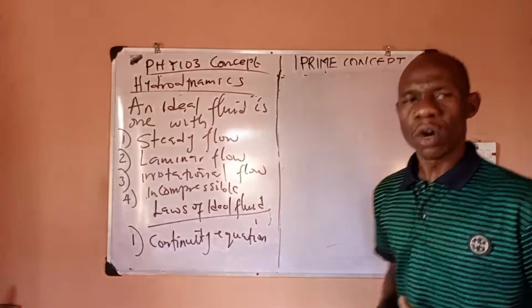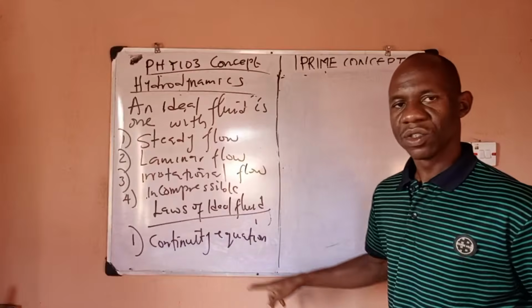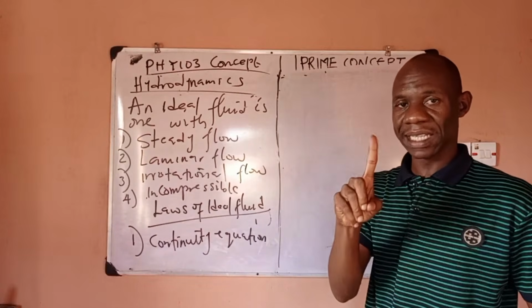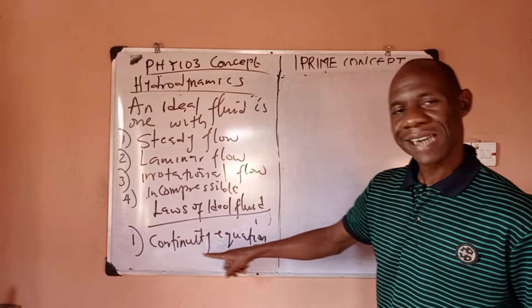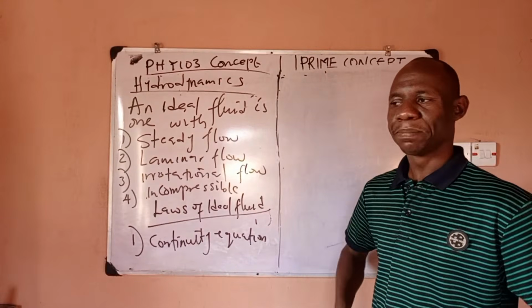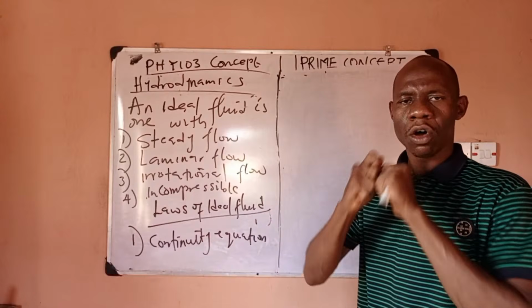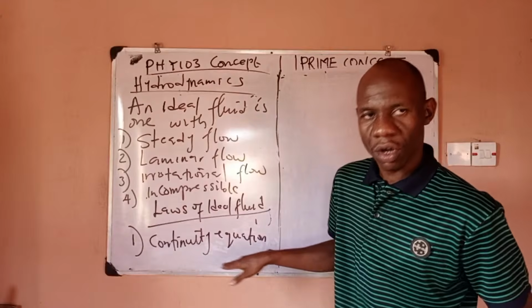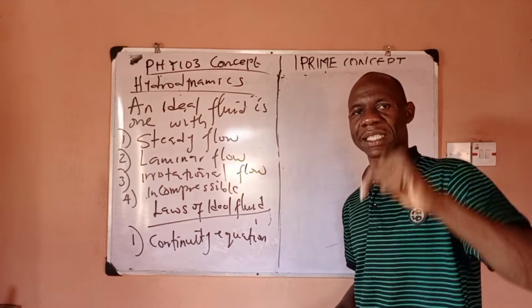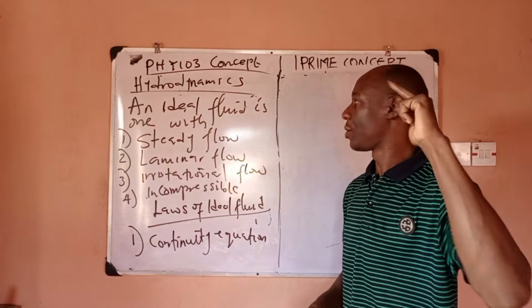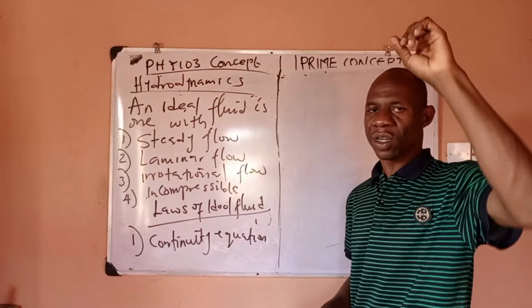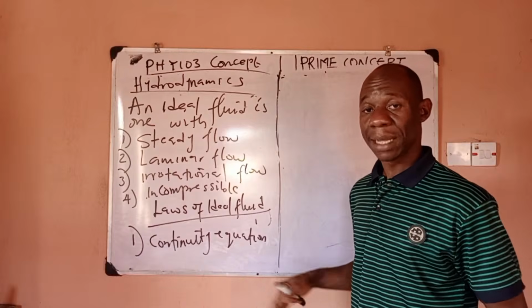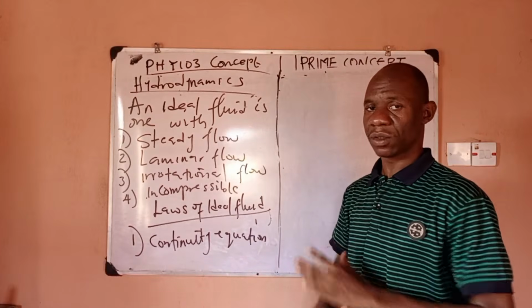Equation. Now, I want you to know that the continuity equation is an equation, or is a law, that is derived from the law of conservation of mass. This equation or law is derived from the law of conservation of what? Mass. So don't forget the continuity equation. I'm not going to derive it, to save time, because this is revision.